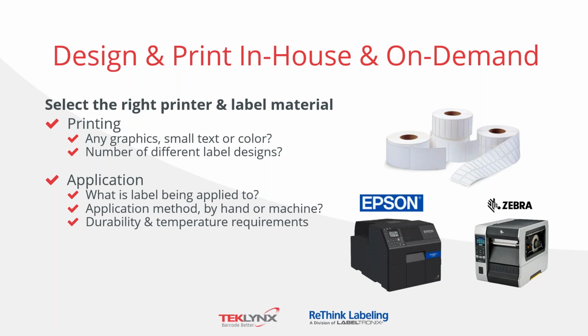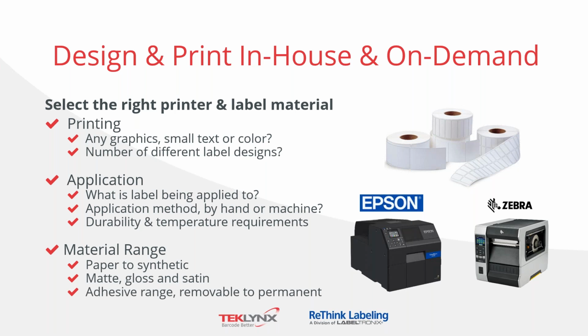So in addition to the printer and the application, we're talking today all about the label. So you're looking at the software, you're looking at the system because you need a label. So the other questions that we ask is what type of material do you need? We range from paper to synthetics. We have matte, we have high gloss, we have satin, and then we have a range of adhesives that are permanent or removable.